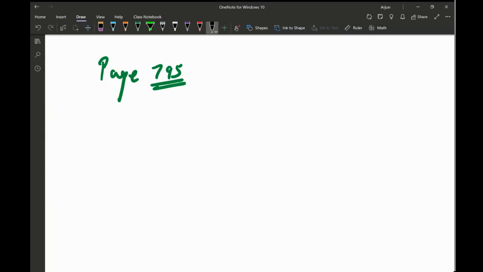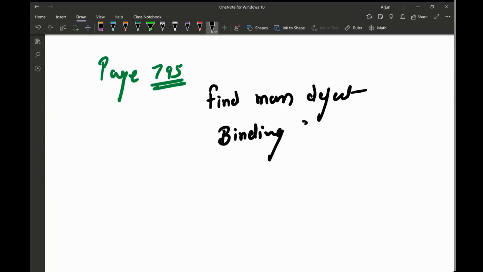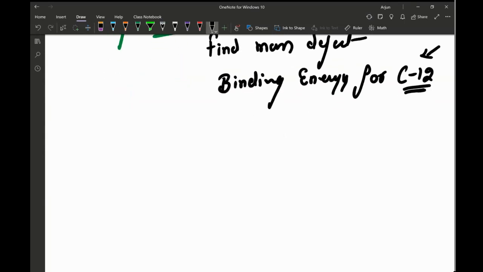So we have to find the mass defect, expressed in kgs, and the binding energy for the carbon 12 nucleus. Okay, so this is given to me, carbon 12 nucleus.